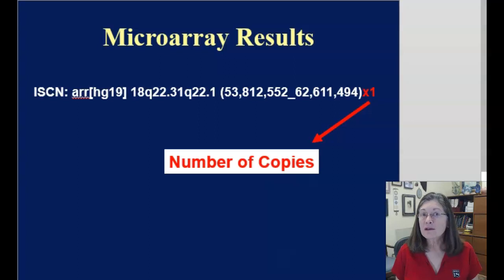And as you saw in the earlier slide, 2 is normal. So a microarray report will show you something that's not normal. So it'll be 1 copy, or 3 copies, or 4 copies, or whatever is found. So in this case, this specific region in this hypothetical person was found in 1 copy.